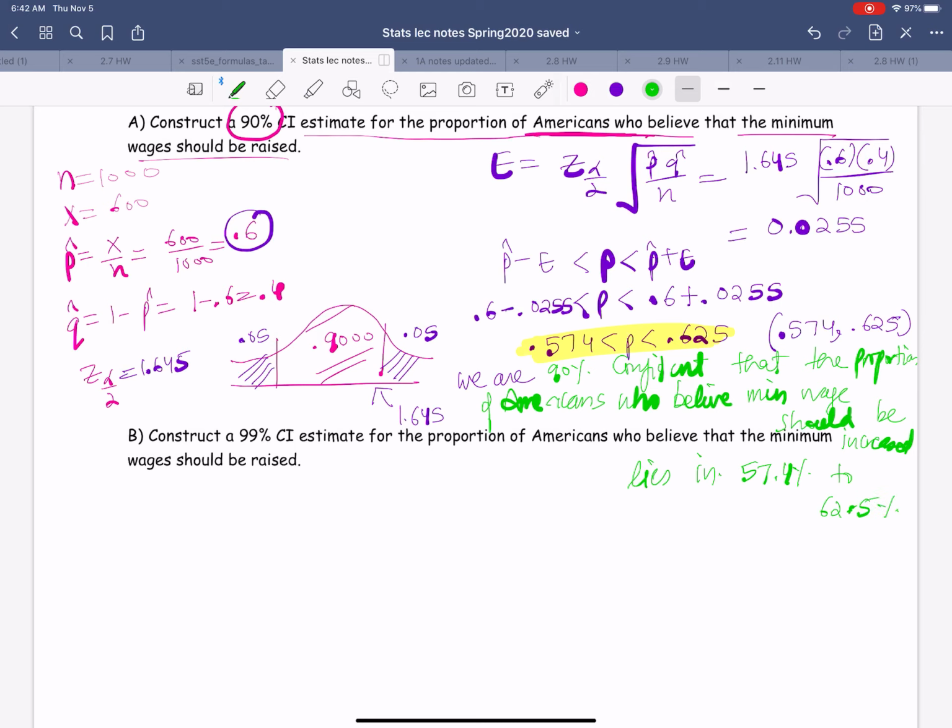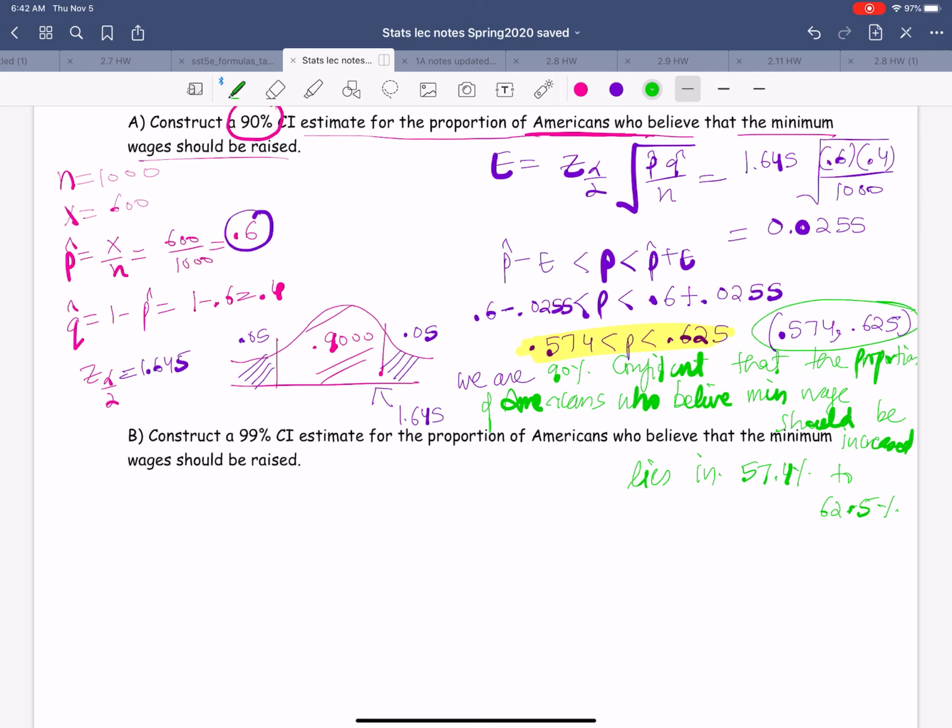So if we create many surveys or samples of 1,000 people and we survey them, about 90% of them would contain the true proportion of Americans who believe the minimum wage should be raised. 90% of those confidence intervals, like this one.